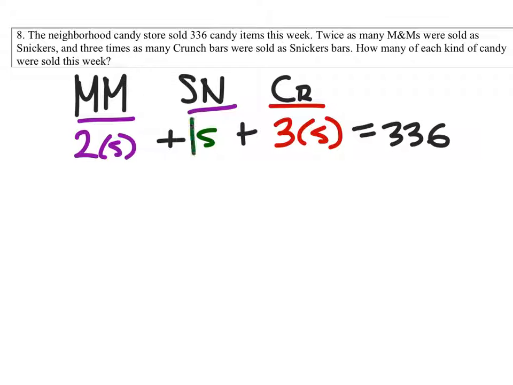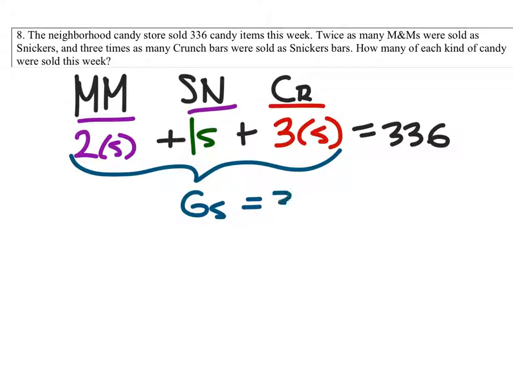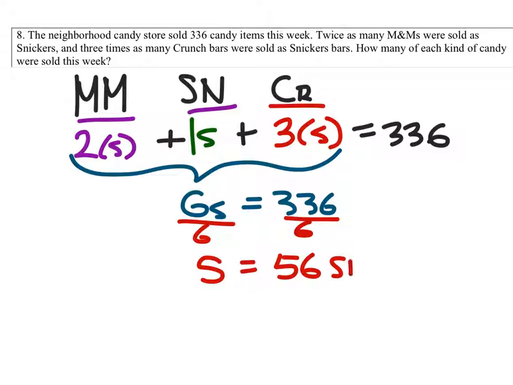Well, that's one Snickers right there. So when we combine all of these, we get 6 Snickers, which should equal 336 candies. So to solve this, we'll divide both sides by 6. And the number of Snickers is 56.